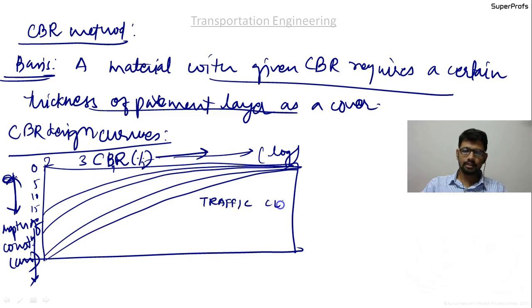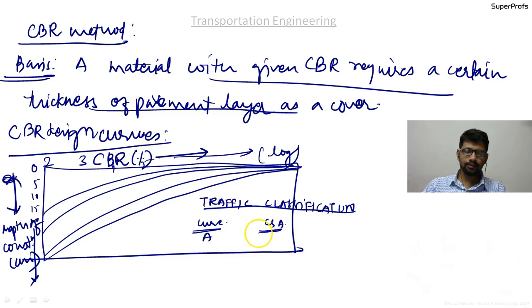traffic classification, in which the first column will be the curve and the second column will be the CSA, or the number of commercial vehicles per day exceeding 3 tons laden weight.